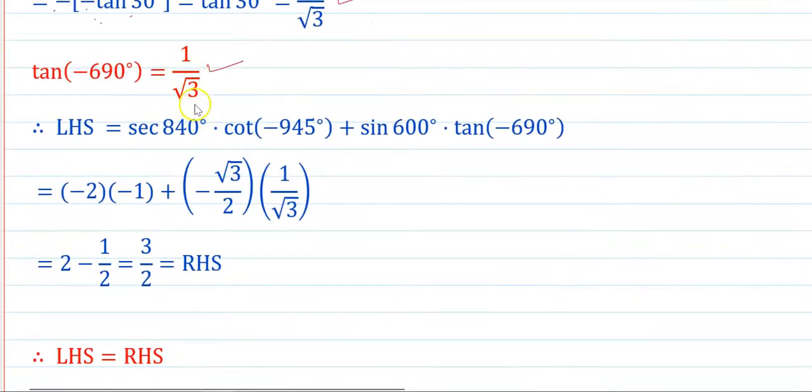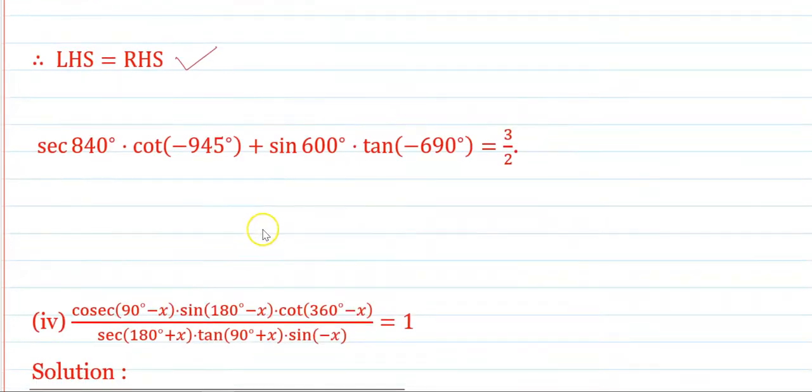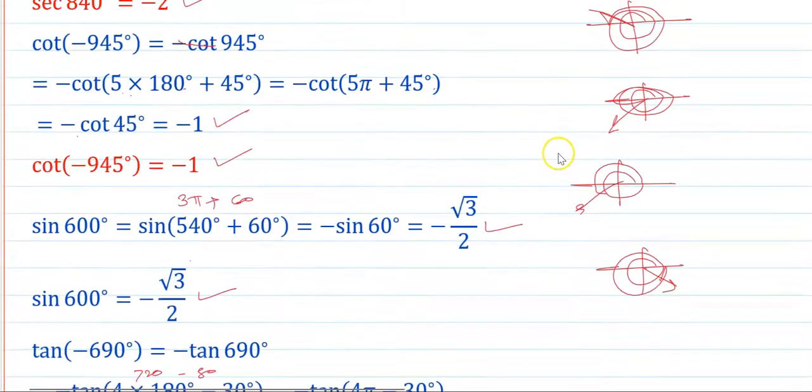And last, 1 upon root 3, that is the tan of minus 690 is 1 by root 3. Okay. This minus and minus will become plus. This root 3 gets cancelled. You will get minus 1 upon 2. 2 minus 1 upon 2, you will get 3 by 2. And that's equal to RHS. And hence LHS is equal to RHS. And hence the result is true. पुन्हा तुम्ही एकदा बघू शकताय.